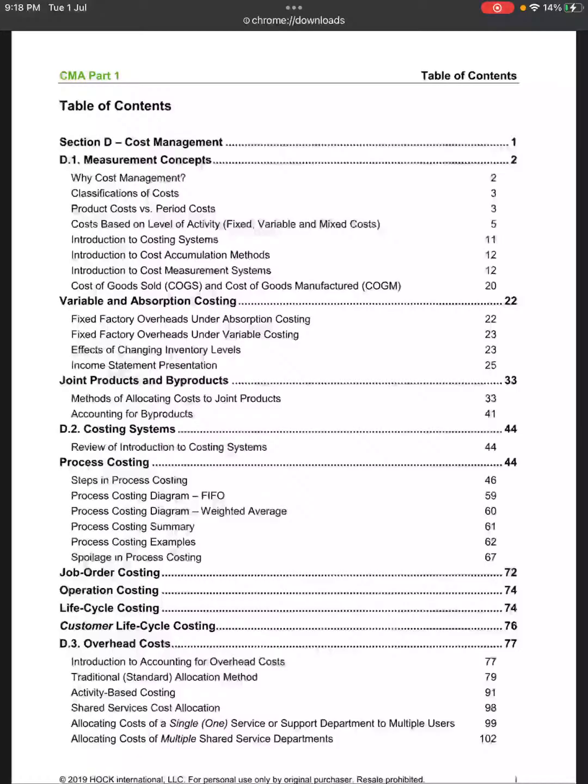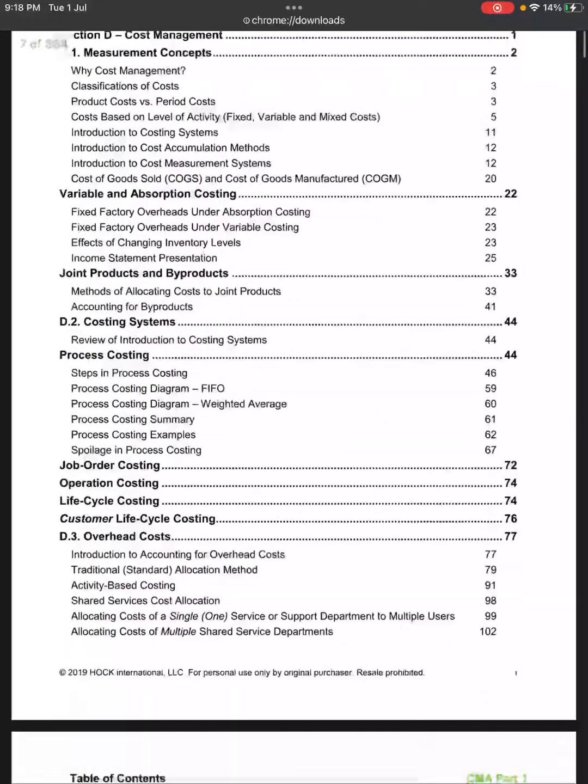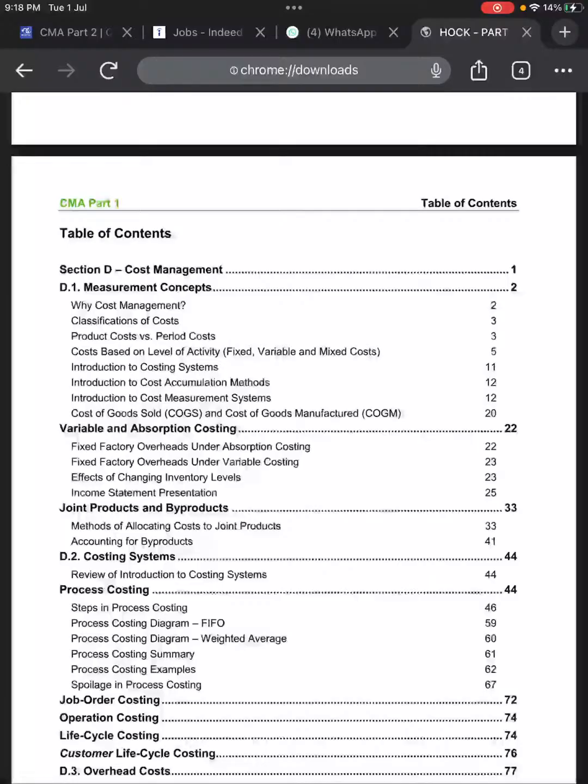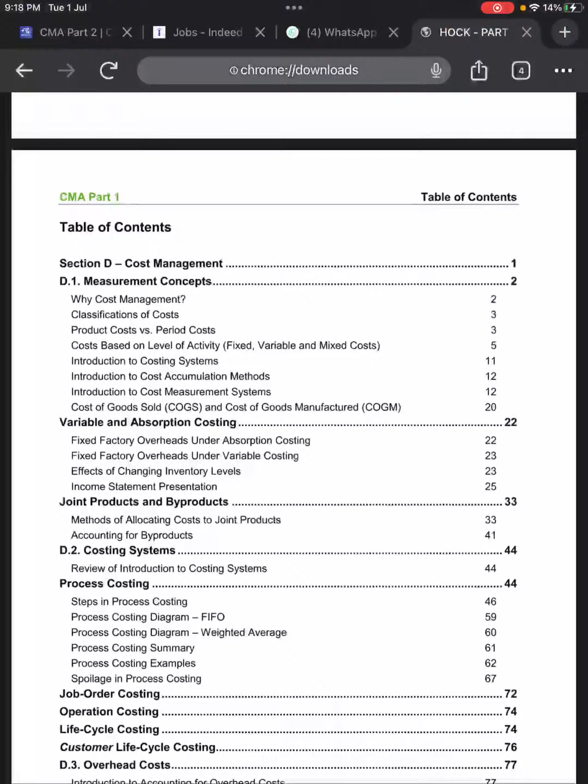Today we discuss the absorption costing and variable costing. First of all, a short definition. What is absorption costing?